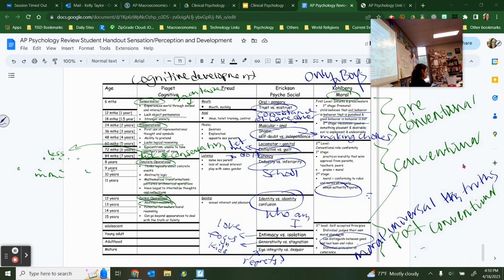Wait, Miss Turner, how many FRQs are there gonna be on the test? 2. It'll just be like this, because one of them will be about research methods, which the second one is. That's so easy. I mean, don't get cocky, but I think so. And then the second one is always where you are defining it and applying it.